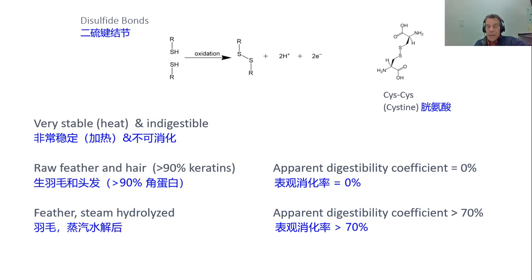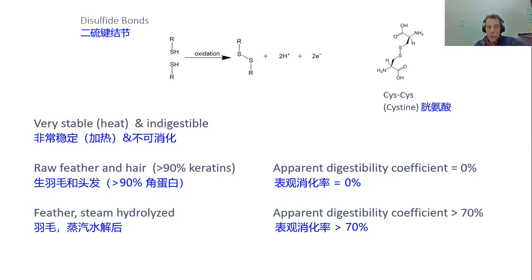The problem is keratin-rich products like this are poorly digestible in their native form. If you feed raw feather or raw hog hair, materials made of 90% keratin, to fish, pigs, or chickens, you measure digestibility of 0. I had a good friend in grad school who did this with pigs: he ground up raw feathers and fed them to pigs, and it came out the other end of the animal with absolute 0 digestibility of the raw feather.